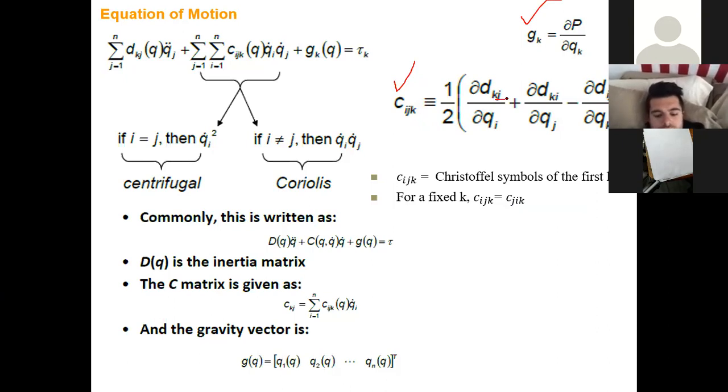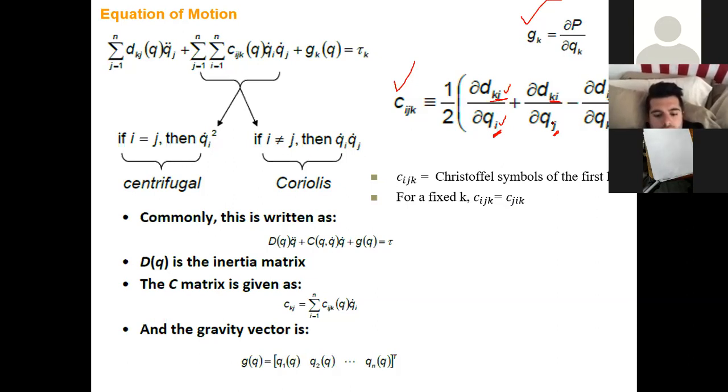See, kj, then you have i here. Then the partial of dki with respect to qj. Sorry, this is j. You have all three indices: i on the bottom, then j and k on the top.